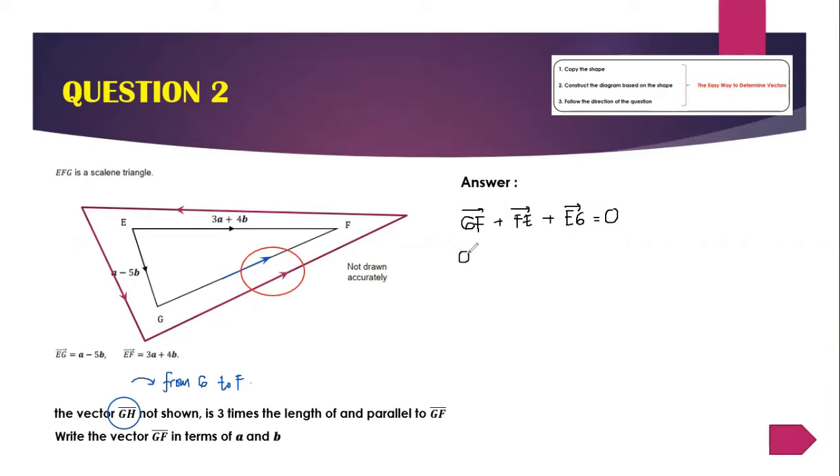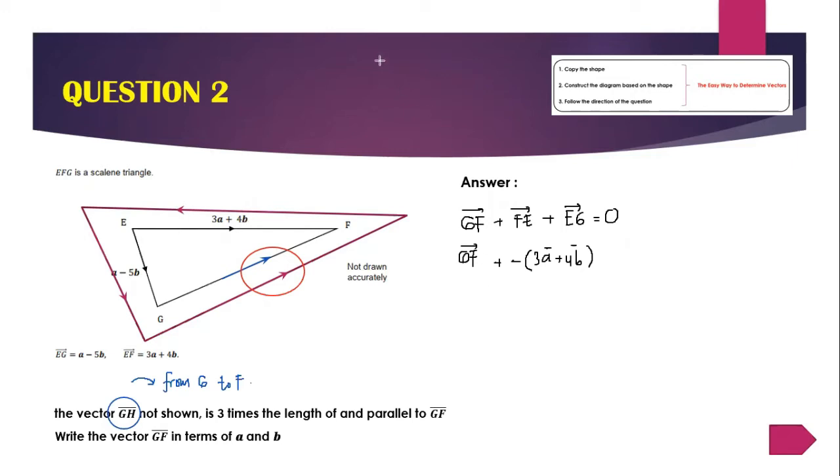So factor GF plus FE. FE is opposite to EF. So we have to write negative 3a plus 4b. Right? Is it good to you, this one? Opposite, right? So we have to put negative here. Is it good to you?